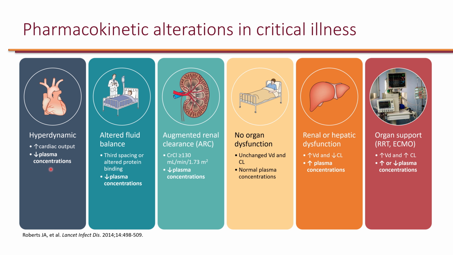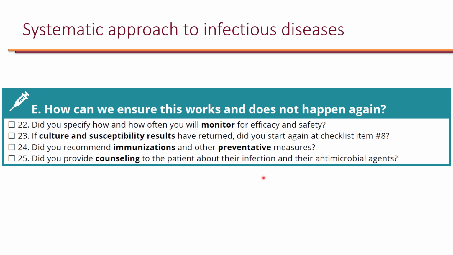But when available, the best thing to do is to measure plasma concentration and see if it's decreased or increased and make adjustments based on that. For example, a good example is vancomycin, where we can get plasma concentrations, and based on the level, we decide whether we should increase the dose, decrease the dose, or leave it untouched.